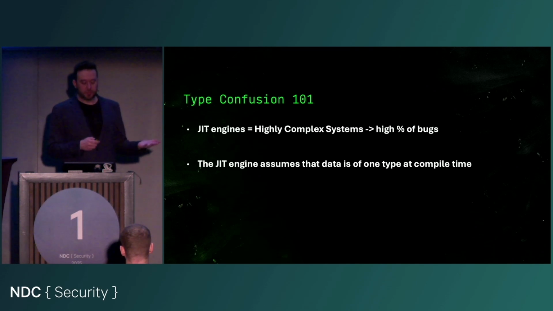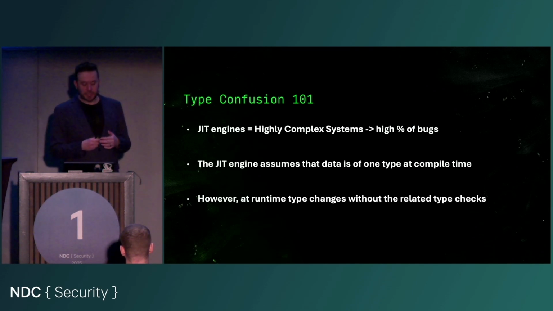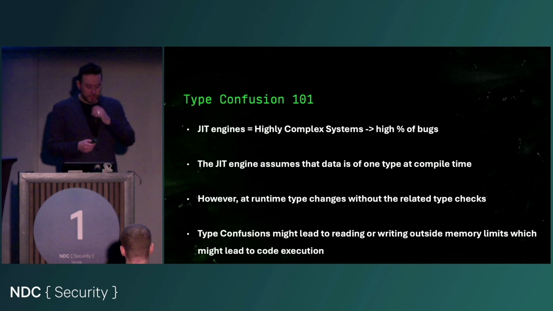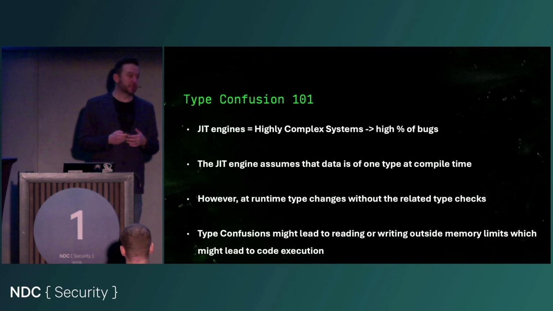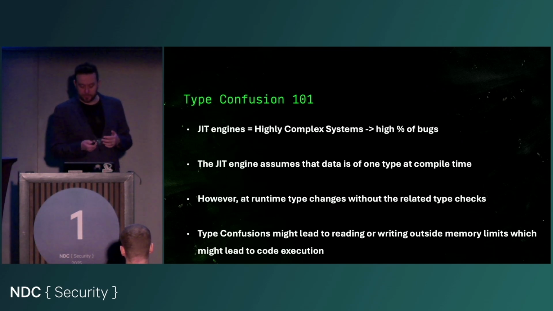The JIT engine assumes that data is one type at compile time. However, at runtime, the type changes without the related type checks. That's basically what leads to a type confusion bug, which ultimately leads to out-of-bound read and then code execution.